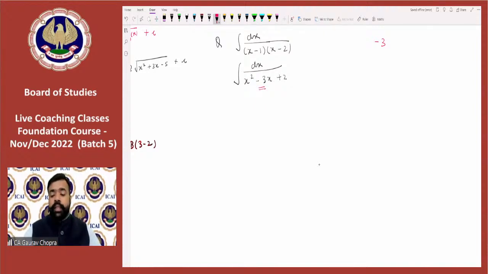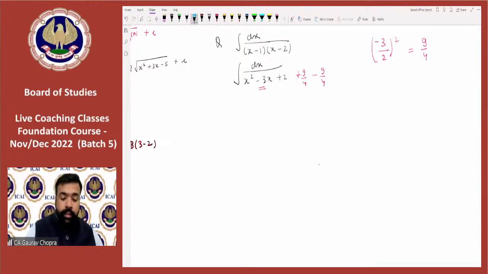Now in order to make this a perfect square, we have to divide this coefficient by 2 and then take the whole square. So how much are we getting? 9 by 4. Now we can add 9 by 4 and subtract 9 by 4 in the given equation.